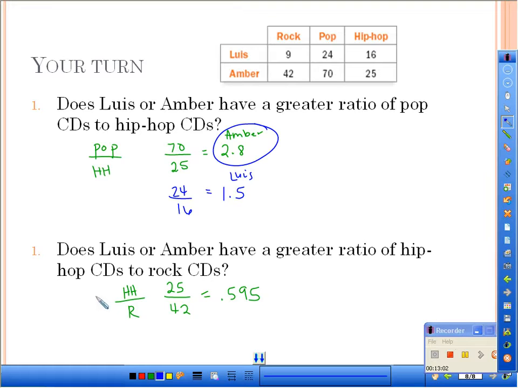Now let's look at Luis. His will be 16 hip hop CDs compared to 9. That converts to 1.77. So the greater ratio of hip hop CDs to rock CDs is Luis.